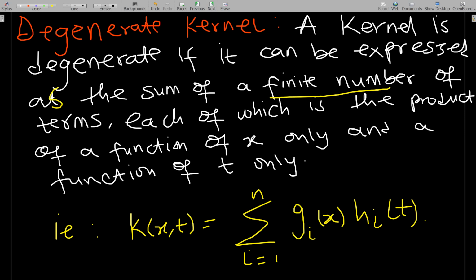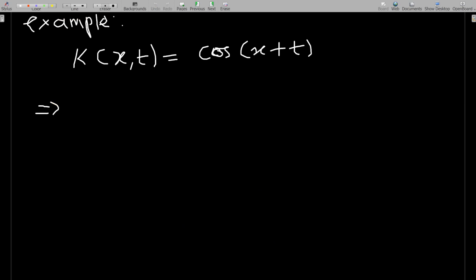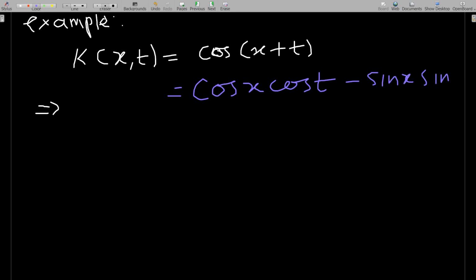Let's pick an example which will help us get the basics. Let's say I have k of x t equal to cos of x plus t. How do I know that this is a degenerate kernel? Using the trig identities, this can be written as cos x cos t minus sin x sin t.